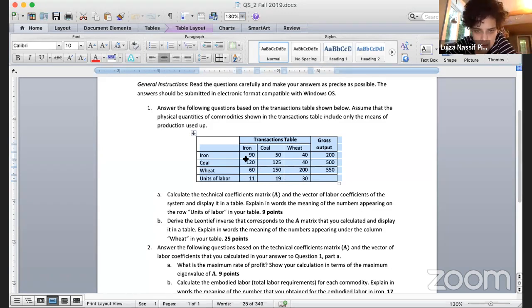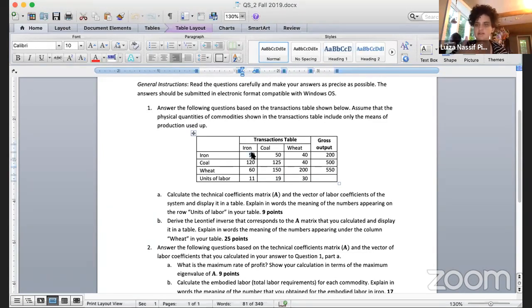And so what you have here is, as you can see, a transactions table. Basically, when you're reading row-wise, what you're seeing is where the production of iron went to. So 90 of, and the units are not told, but those measures are clearly not measured in the same units.